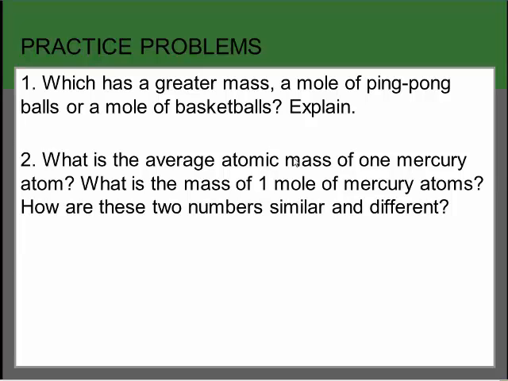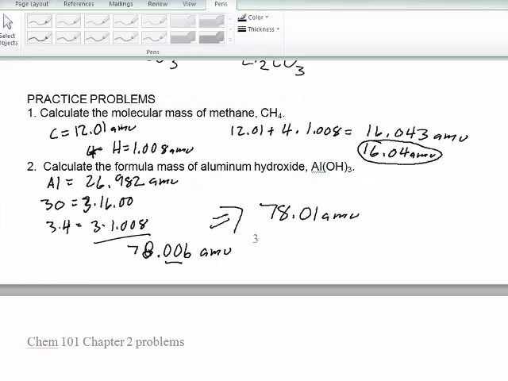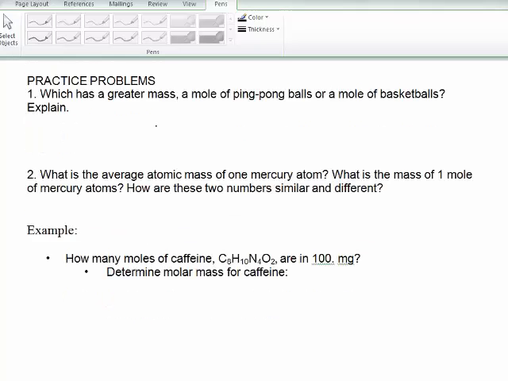So let's think of some more practice problems here. Which has a greater mass, a mole of ping pong balls or a mole of basketballs? If we have the same number of ping pong balls and basketballs, which one weighs more? Certainly I think we'll all agree a mole of basketballs. And why is that?